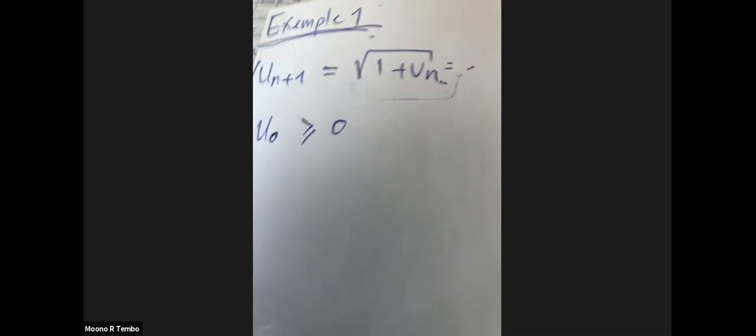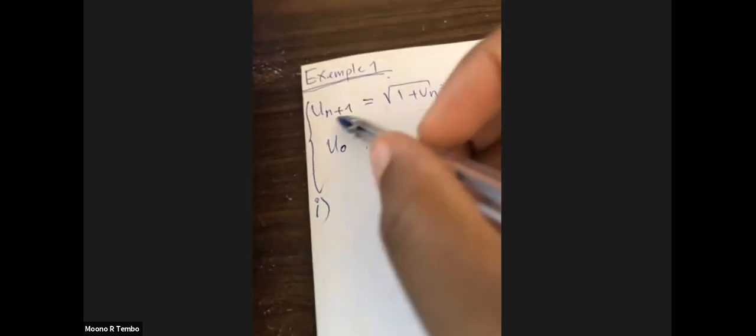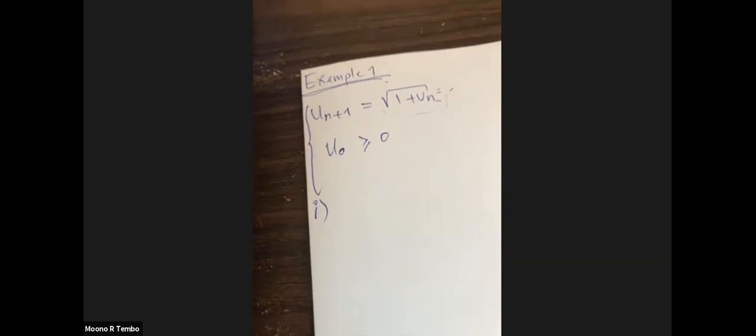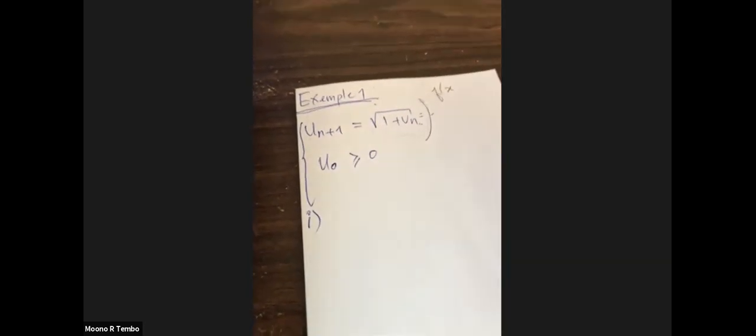Okay, let's do this. I'll start, and then you guys will finish. Right? Perfect. So the first thing is that you have to write this whole sequence in terms of f of x.